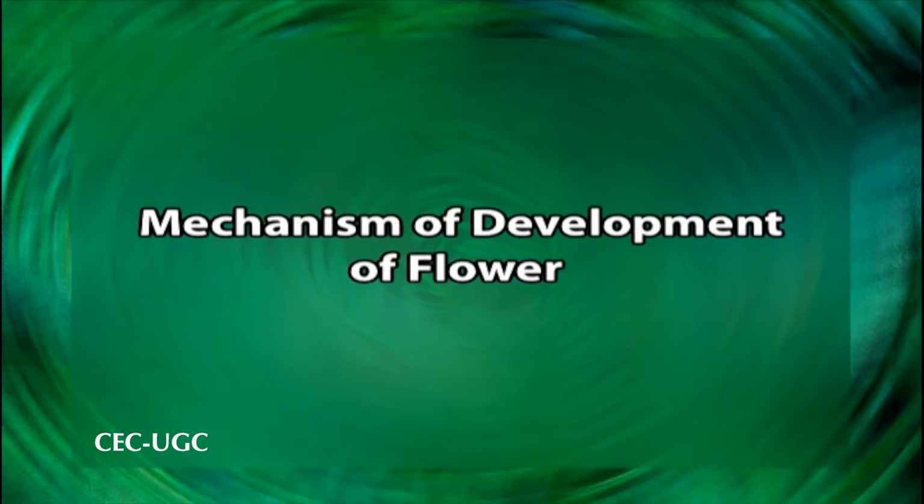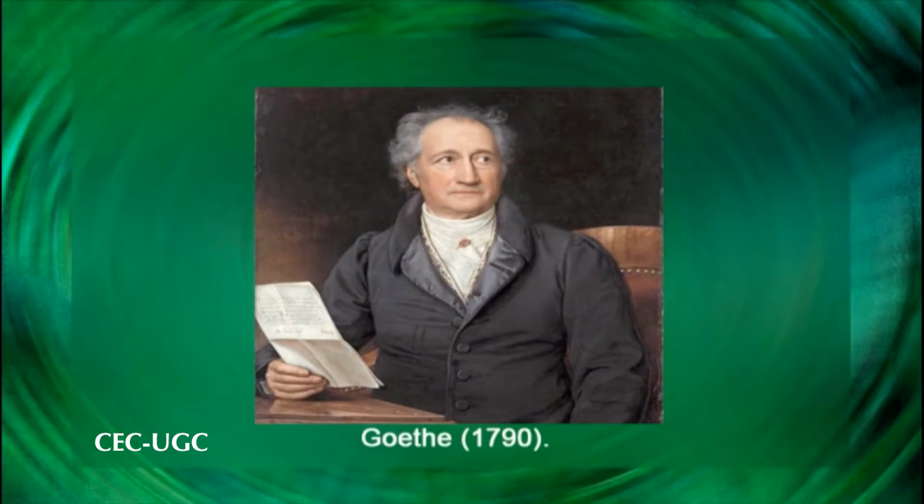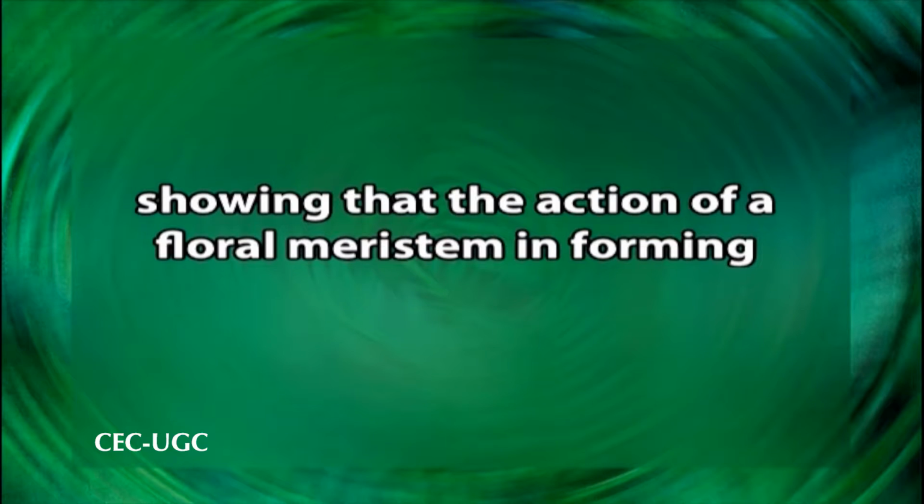Now we discuss the mechanism of flower development. In 1790, Goethe proposed that floral organs represent modified leaves. This idea of a common underlying mechanism has been substantially reinforced by recent findings showing that the action of a floral meristem in forming floral organs has considerable similarity to that of a shoot apical meristem in producing leaves.